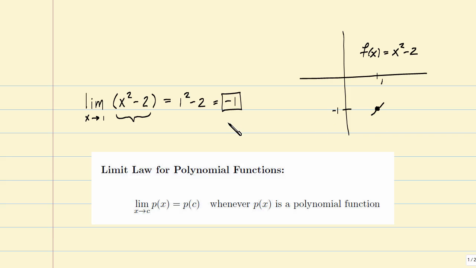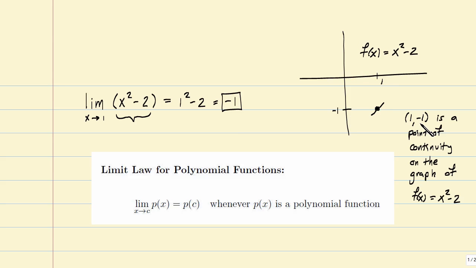So again, when the limiting value of a function and the actual value of the function at a particular c value agree, we say the function is continuous there, or equivalently, in this case anyways, that 1, negative 1 is a point of continuity on the graph of this function x squared minus 2. So the value is negative 1 for this limit, and its graphical interpretation is we have a point of continuity on the graph.